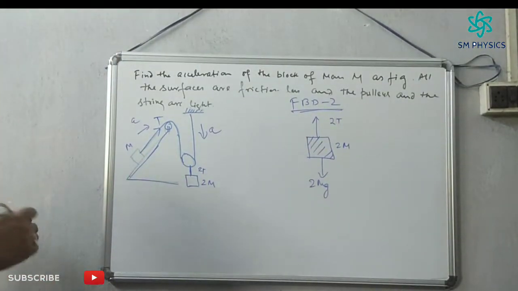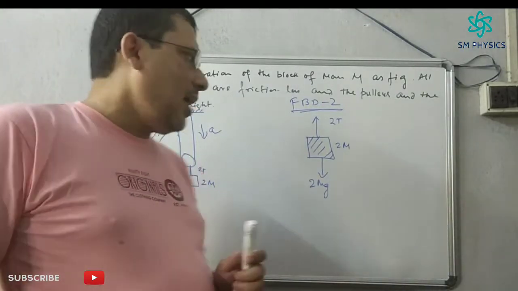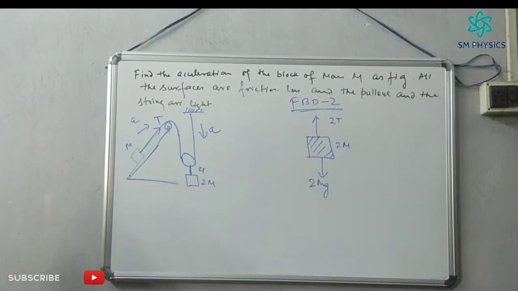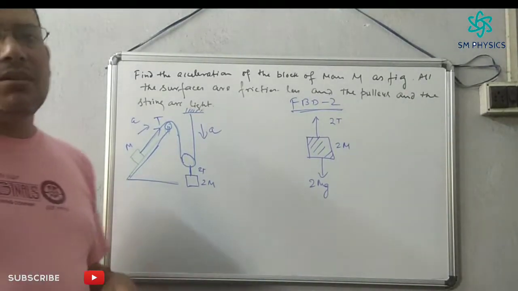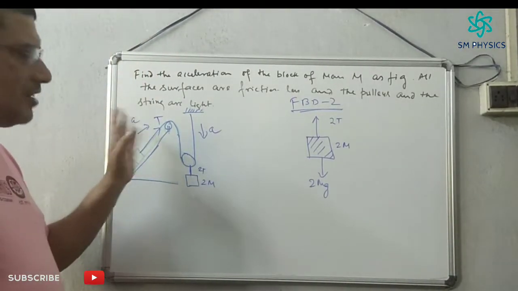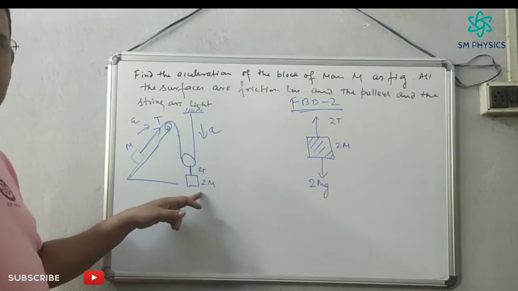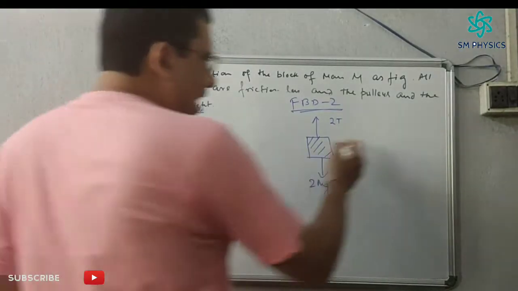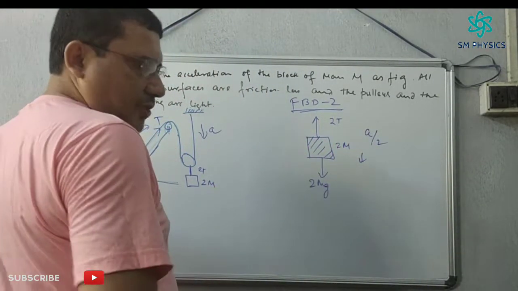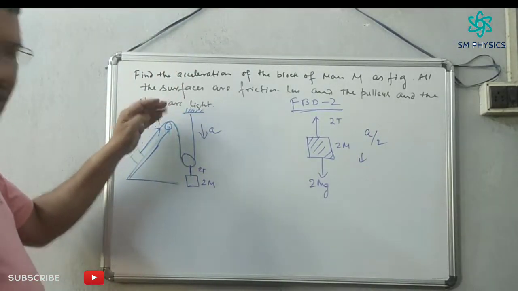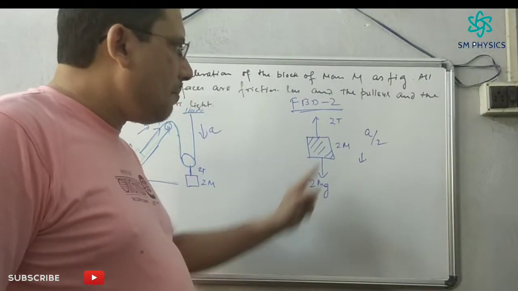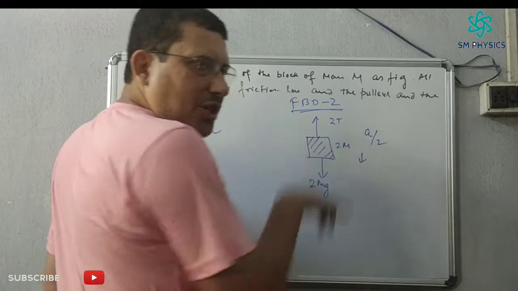And another thing, in the previous problem, I already told that if the tension is half, then the acceleration will be double. And if the tension is double, the acceleration will be half. So here the tension on 2m is double, which means the acceleration of 2m will be half. That means its acceleration is a by 2, which is in the downward direction. Because this one is the upward direction, that means this one is the downward direction. Now the net force is 2mg minus 2T. Why? Because the body moves in the downward direction.